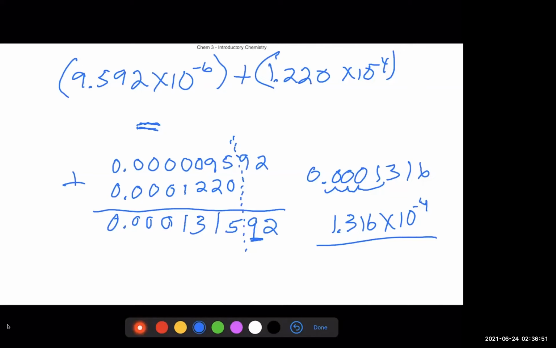You've got to remember your test is going to be multiple choice, so you'll be able to see the number that's closest. Even if your calculator rounds it off, you'll still see the closest correct answer. Make sense? Yes. Okay.